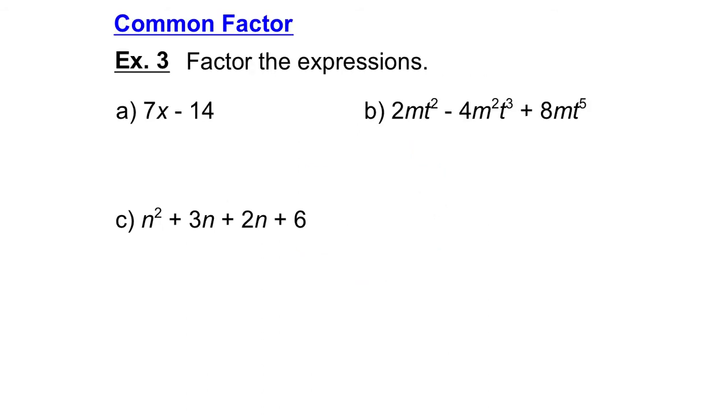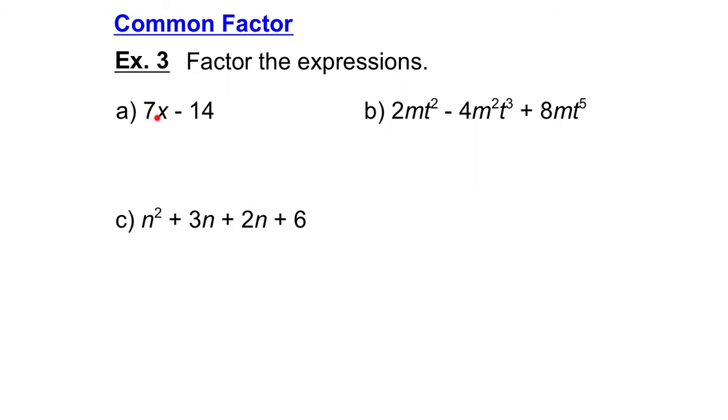So when you first learned about factoring in probably grade 10, maybe grade 11, you would have looked at this idea of common factoring. Okay, so when I say common factor, I really mean the greatest common factor. So if I look at this first expression, 7x minus 14, I look at my two terms, 7x and minus 14, and I have to think to myself, what is the greatest common factor of those two terms?